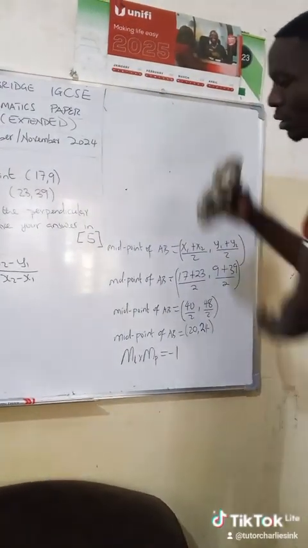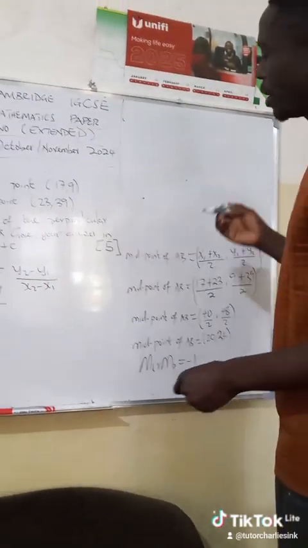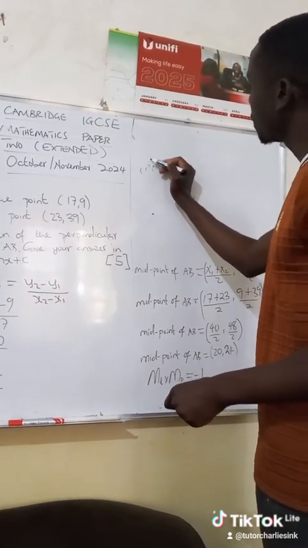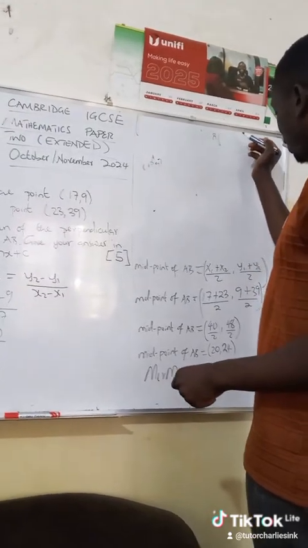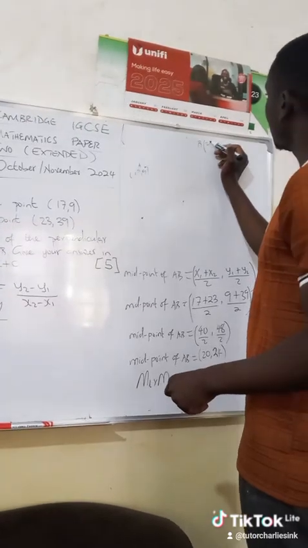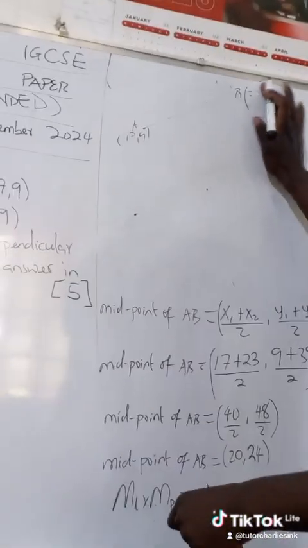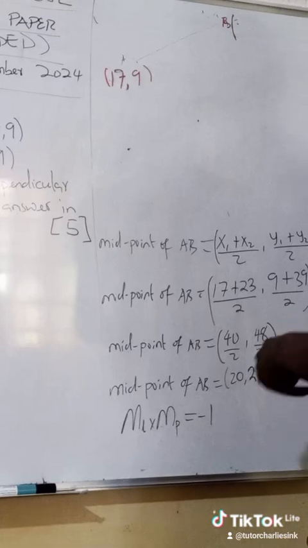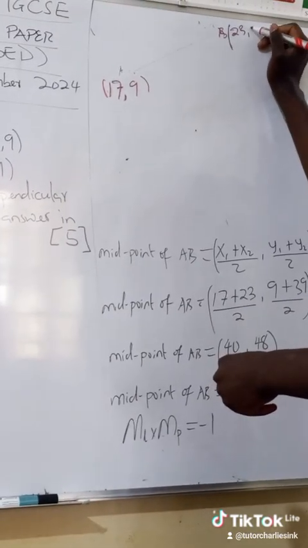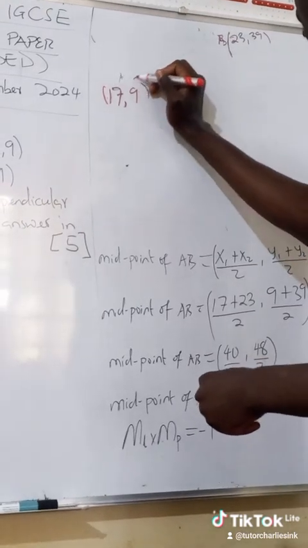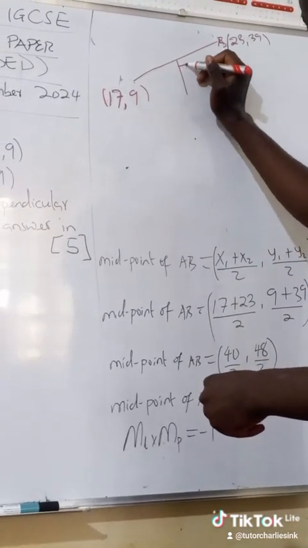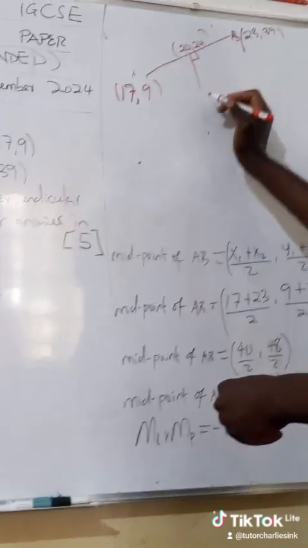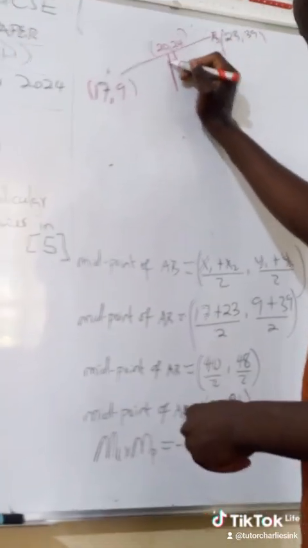We have figured that the midpoint, this point the line is passing through, is (20, 24), and we've got the gradient of AB.